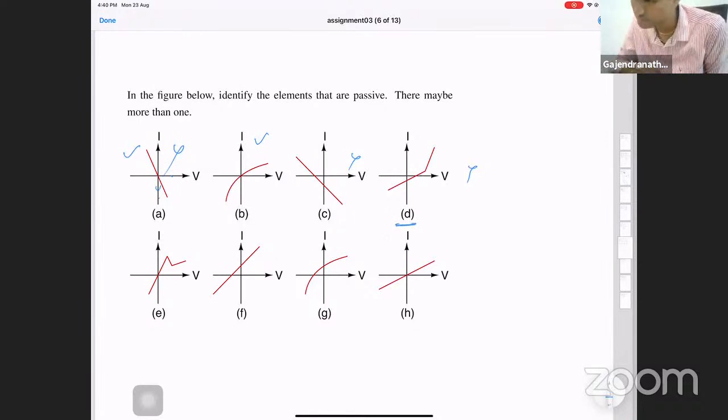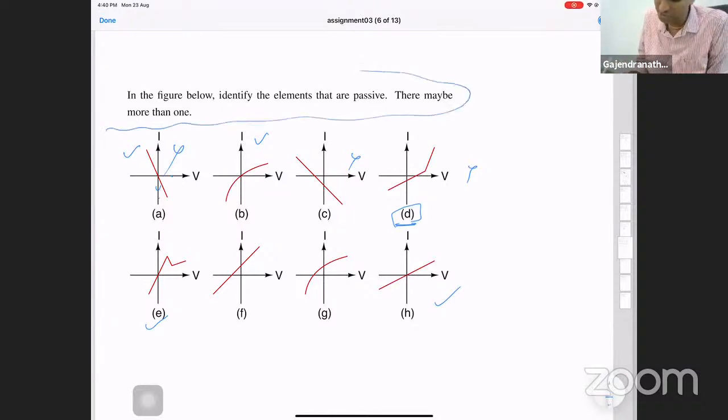We have to check it. Let's come back to D later. So H is a passive element and E is a passive element, because of the voltage and current. I'll clarify this question next week. Don't worry about it.